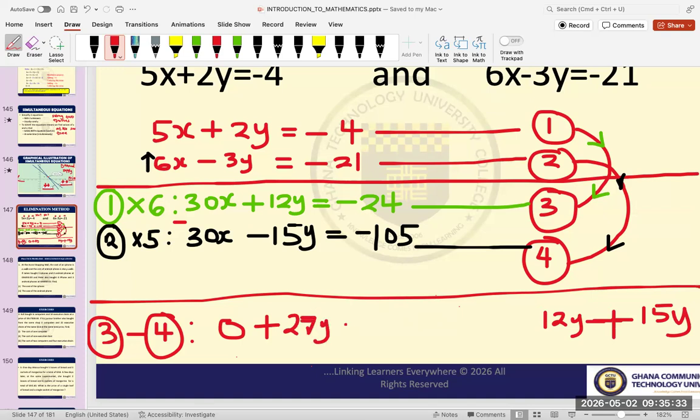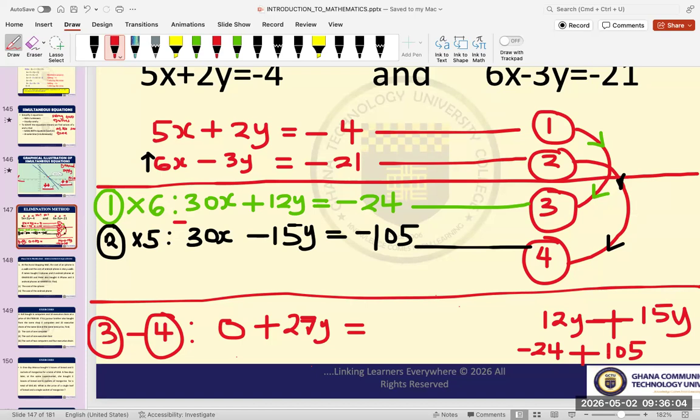27y is equal to. Now look at this one also. Negative 24, negative 105. Remember, two negatives will move to positive this way.